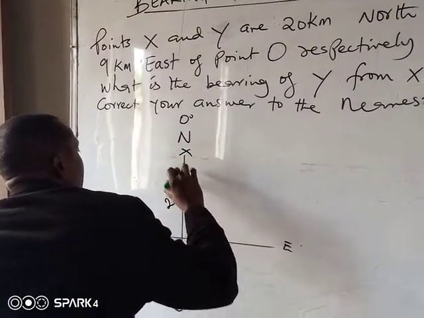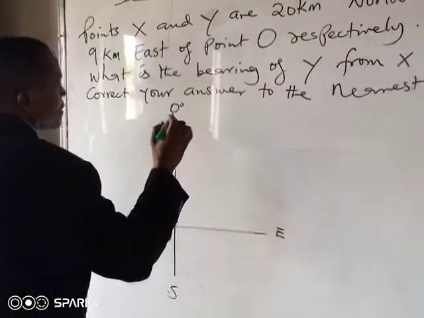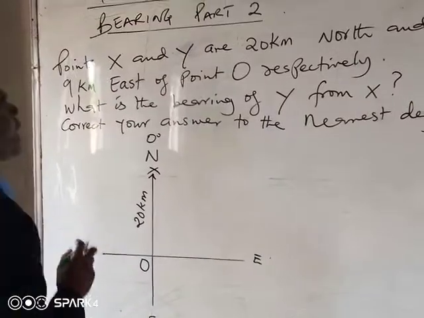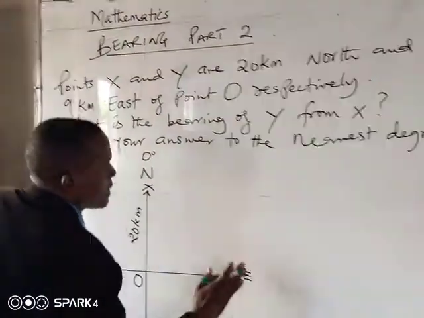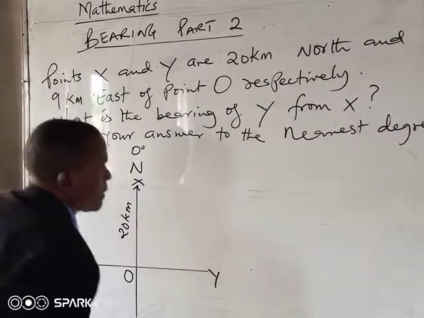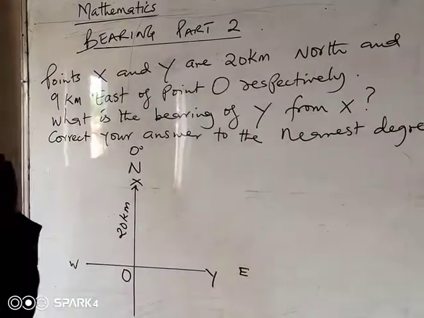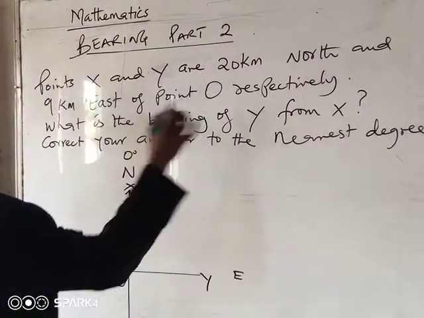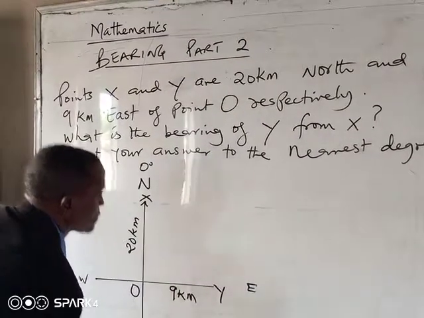Don't forget this is my true north, which is 0. And then point Y, which is in the eastward direction, and they say it is 9 kilometers.